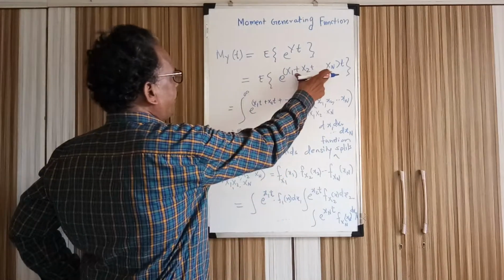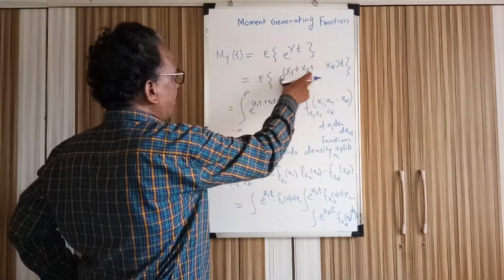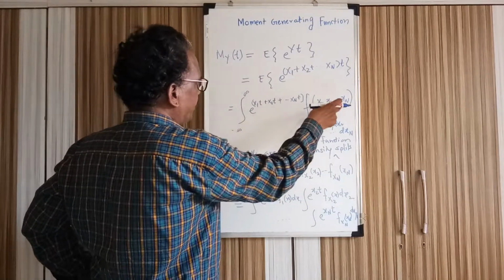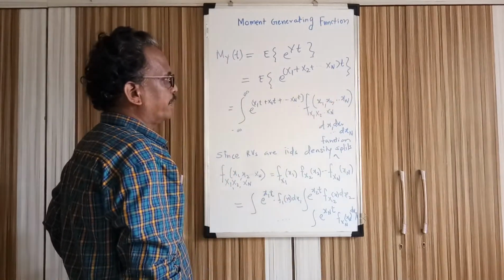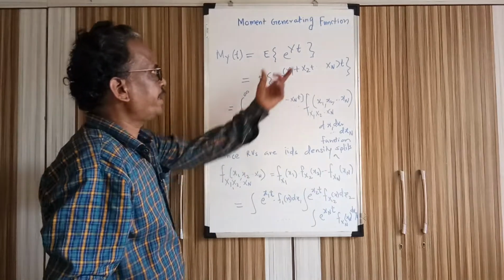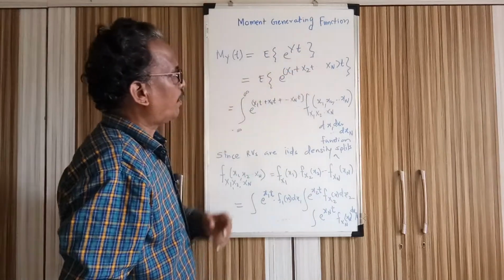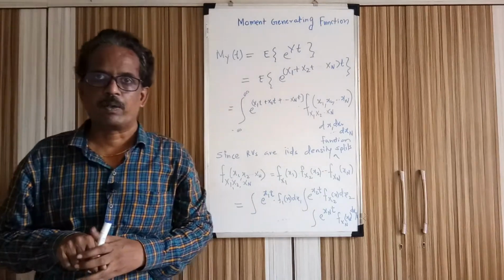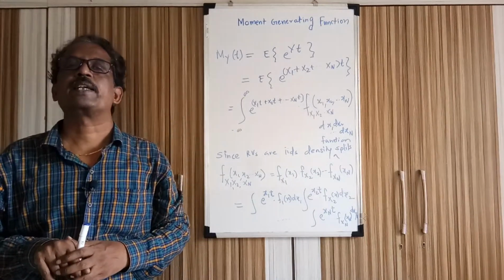Then the mean of this can be obtained as the given function multiplied by the joint density function. Since y is an addition of all these random variables, there is a joint behavior of x1, x2, xn which is deciding the y.